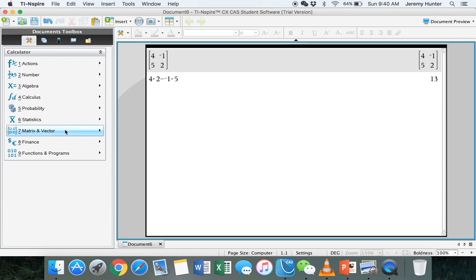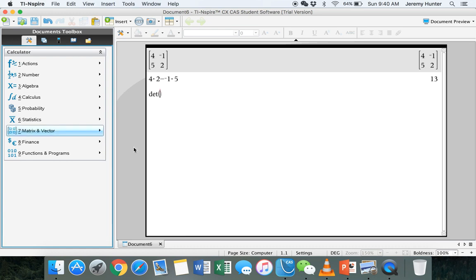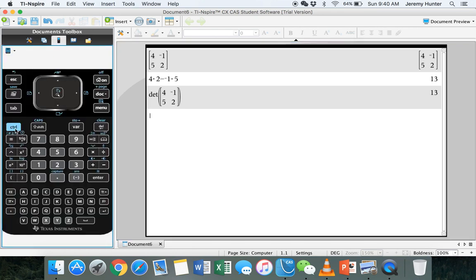The calculator can also do this. If you go to the matrix menu and have a look at number 3, that's menu 7.3, it says determinant. We can put that matrix into that formula and it'll give us the determinant. Remember, we could have defined that matrix and stored it as matrix A, and then just typed det.